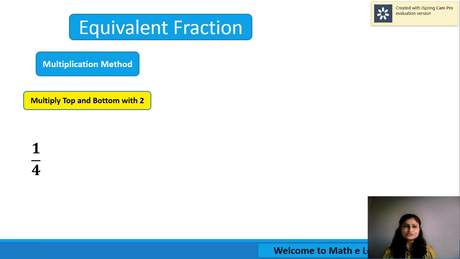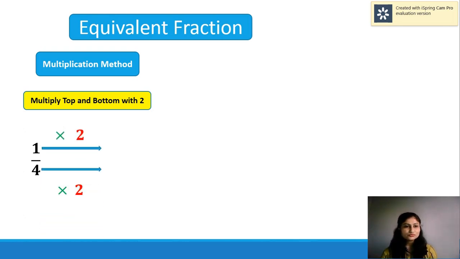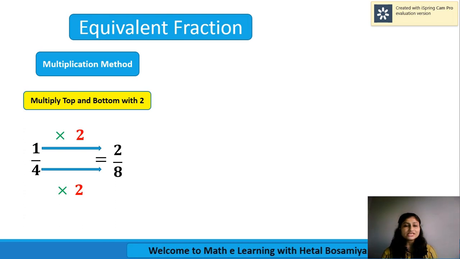First we multiply top and bottom by 2. 1 multiplied by 2 is equal to 2, and 4 multiplied by 2 is equal to 8. So it is 2 upon 8. So we can say that 2 upon 8 is an equivalent fraction of 1 upon 4. In short, you have to multiply the numerator and denominator by the same number.